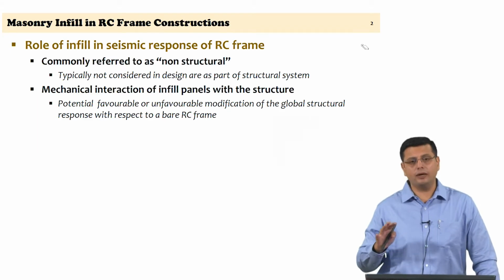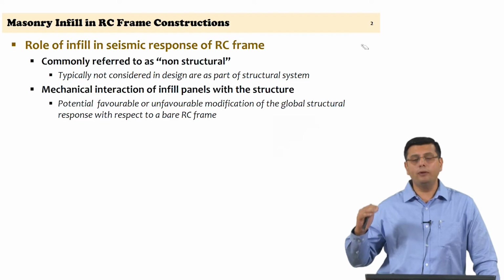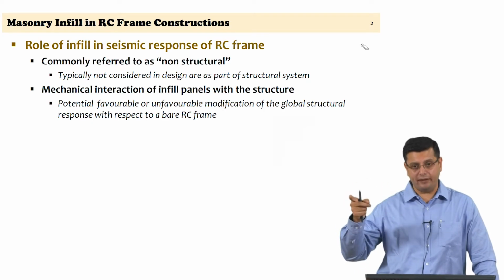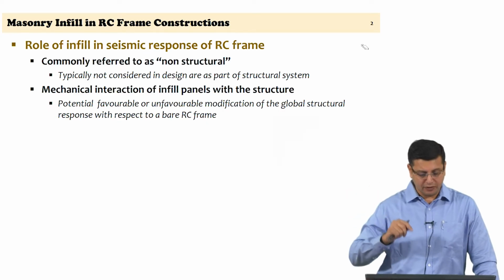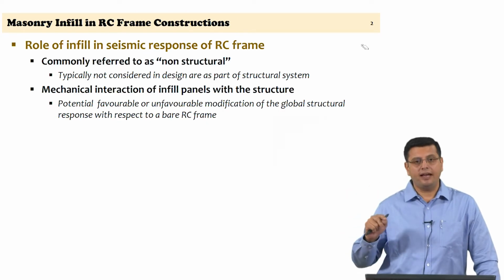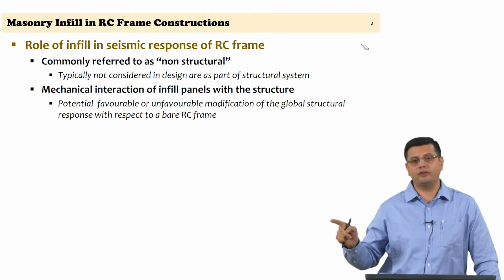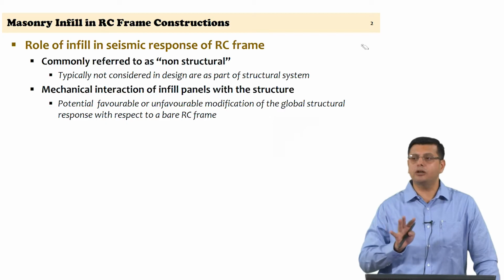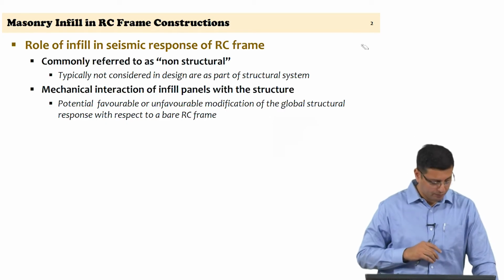So, it is important to understand that there can be a global interaction, an effect occurring at the global level by the interaction of the infill panel with the structure, and this interaction could lead to a favorable condition or an unfavorable condition, but that again depends on a set of parameters which we will also examine.